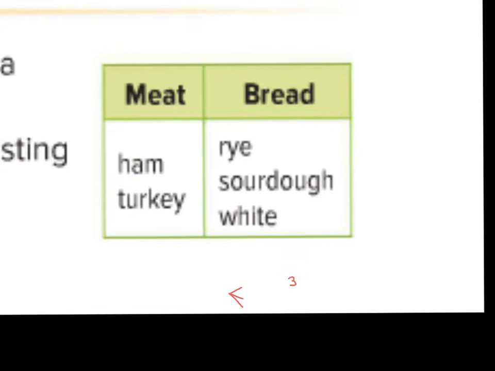I could also have turkey with rye, turkey with sourdough, or turkey with white. That's another 3 options, right? And when I add them both up, I have 6 different options. I'd like to see in class which method you use. This is just a simple exercise to show you how I got 6 options, but there's different ways to display your answers.